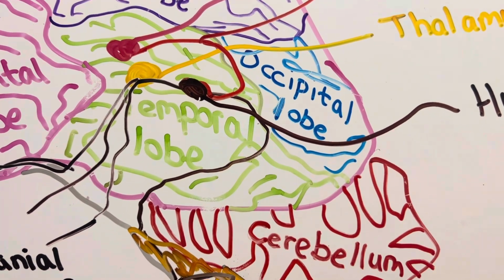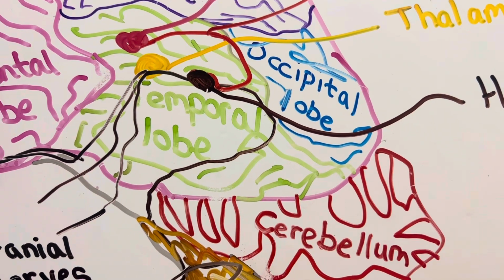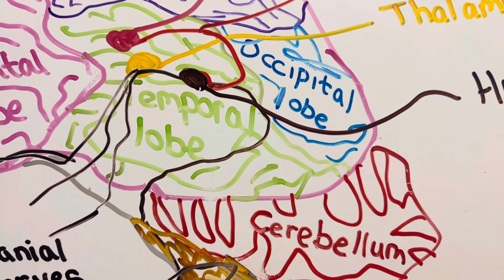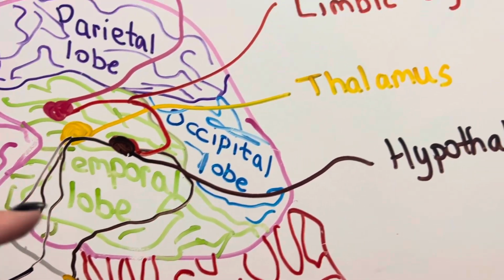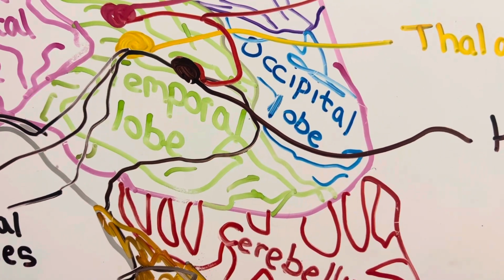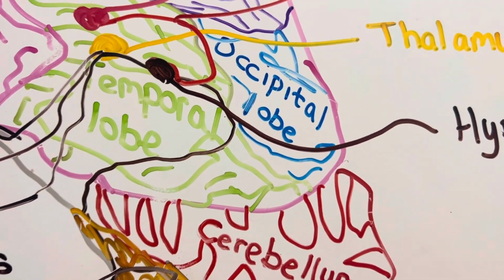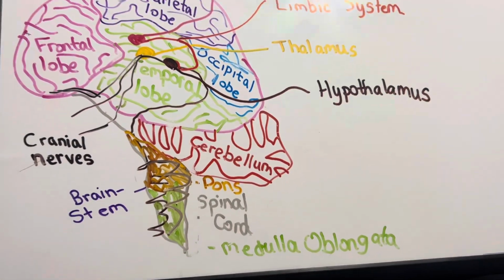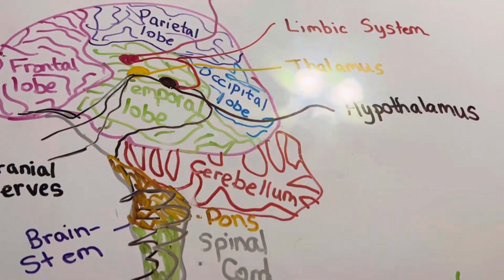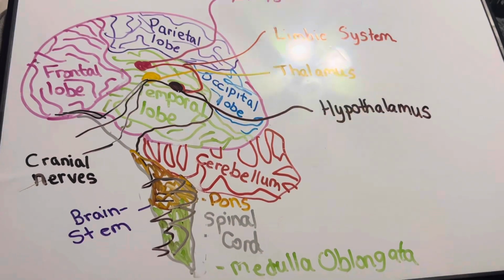It sends memories to and from storage in the brain and receives them when you need them. We also have the amygdala. This processes our emotions, and that is my video on the human brain and its functions. Bye guys.